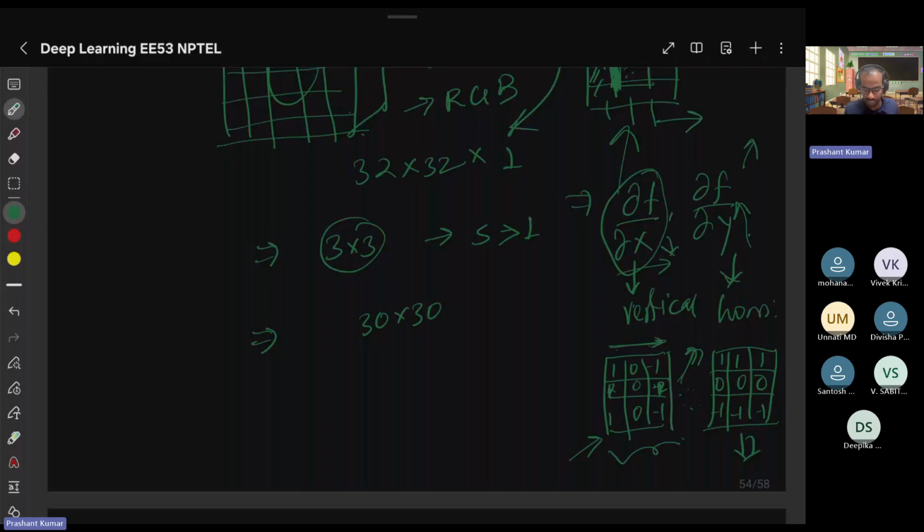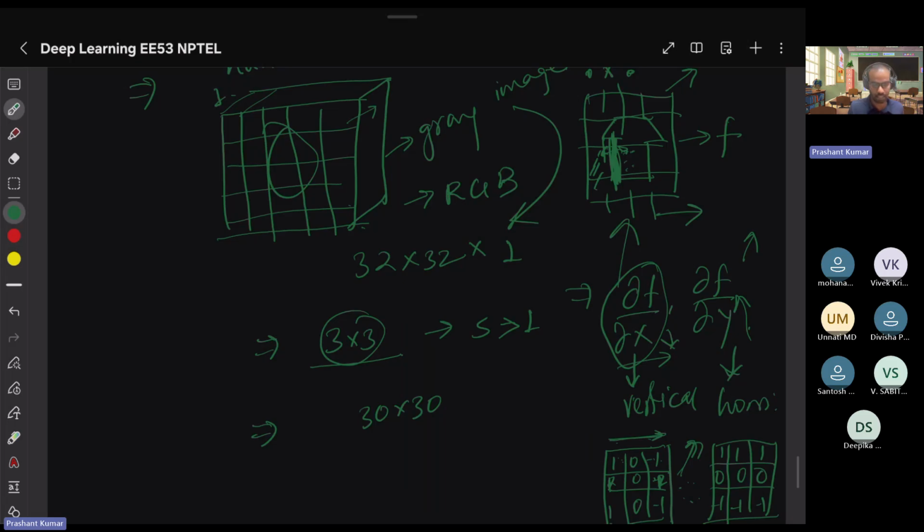You initialize a 3 by 3 kernel, and add some random values of W's, W1, W2, W3, in these 3 by 3 values. Once you train those, these W's will get trained, and it will learn to create the features out of your original image. So originally we don't know what it looks like and what it will do.